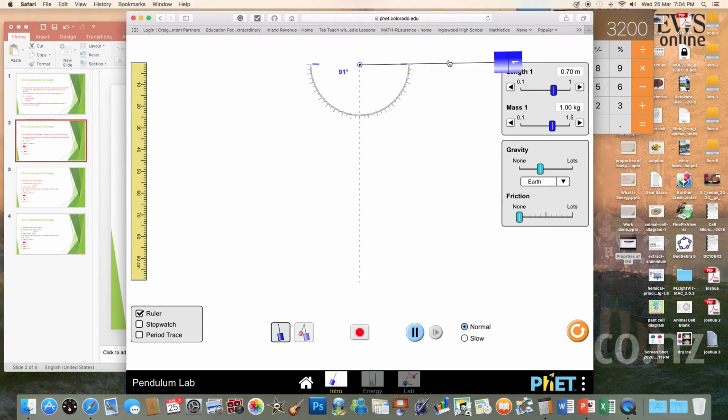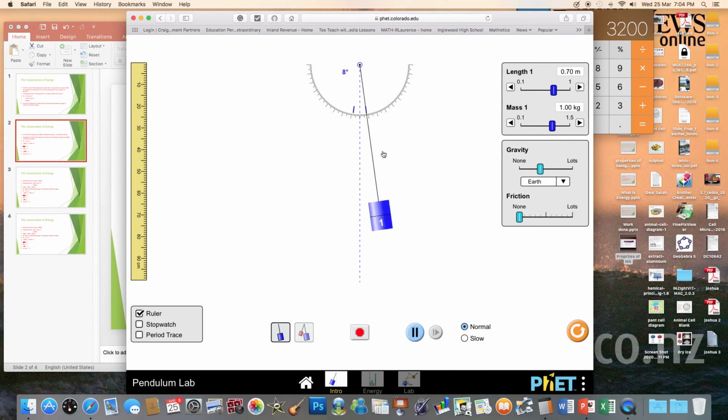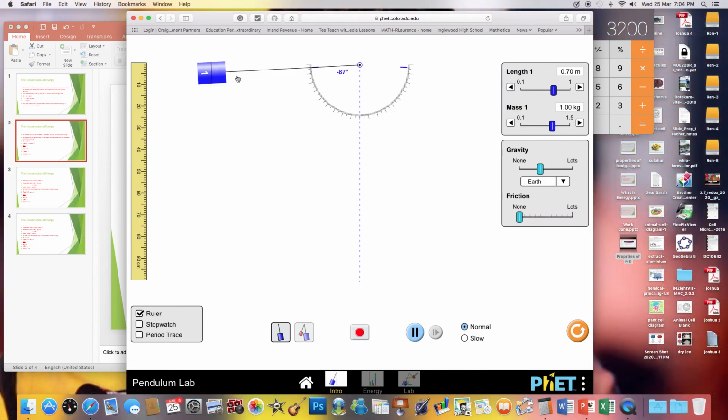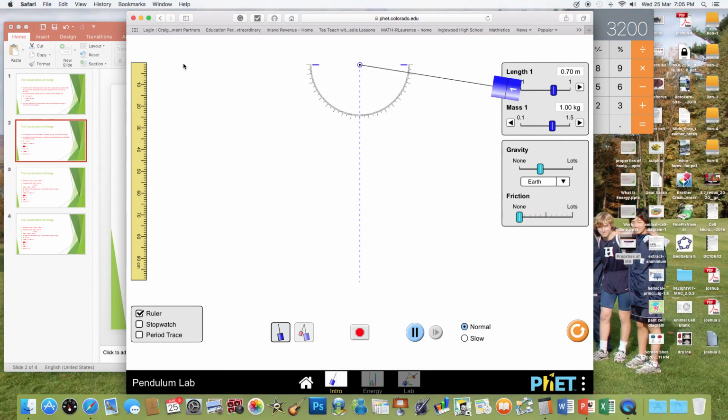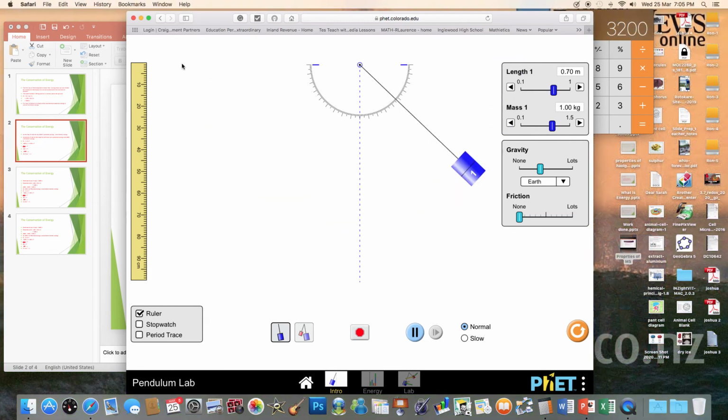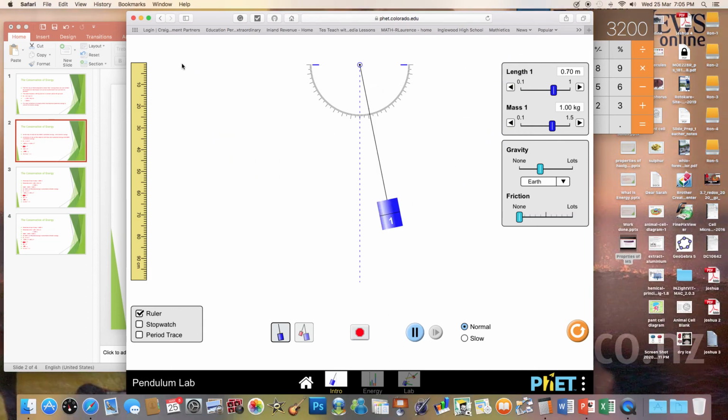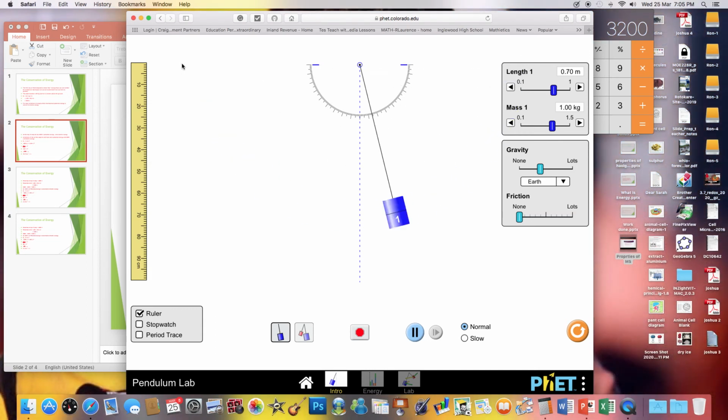And we're just going to keep this at Earth, so we could go ahead and actually calculate what the maximum energy is up the top. We've got a 1 kilogram weight there, and we've got 10 meters per second, so his potential energy at the top would be 1 times 10 times 1, which would be 10 joules of energy.